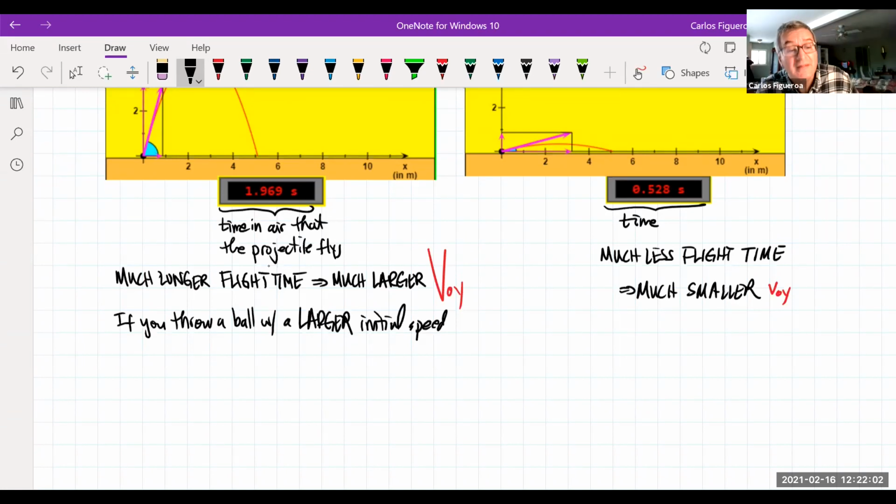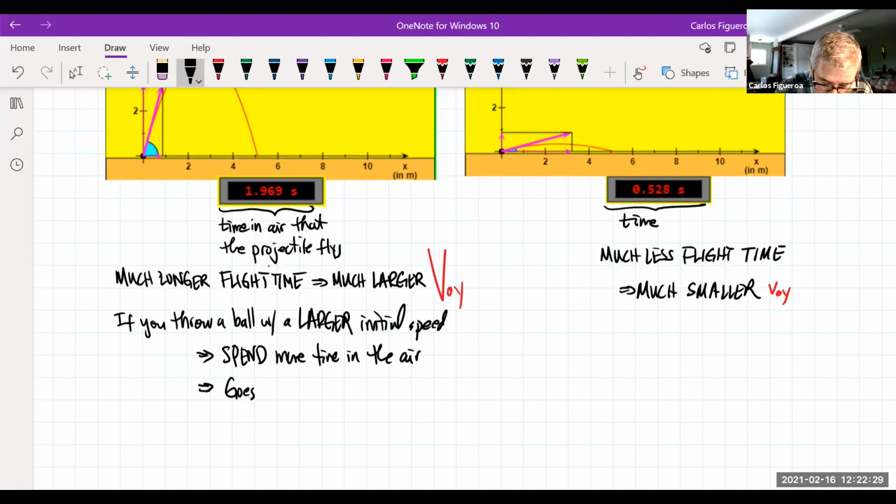If you throw it with less vertical speed upwards, it's going to be in the air for less time. So clearly, if you throw it with a larger initial speed, it's going to spend more time in the air, right? No surprise. But if it spends more time in there, it should go to what? It goes to a higher height.